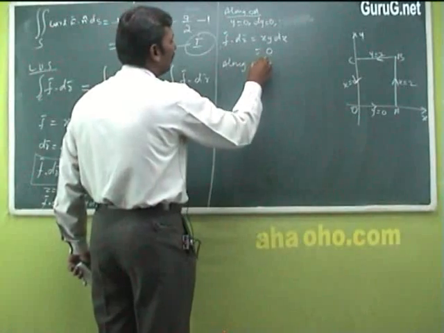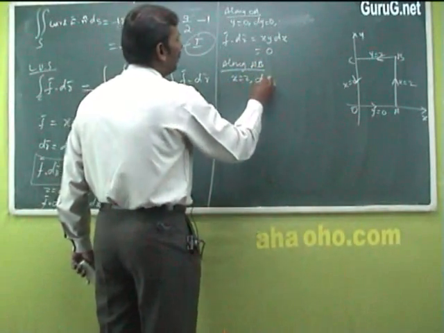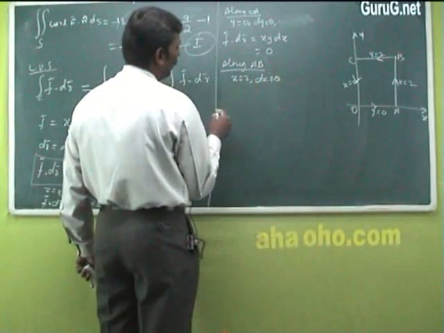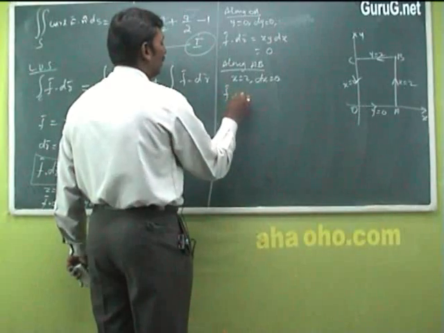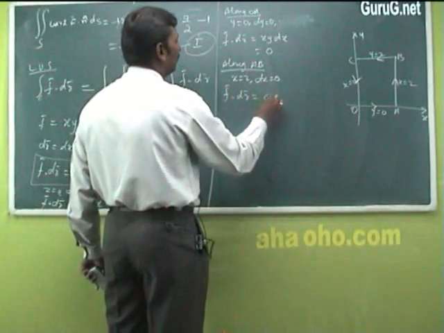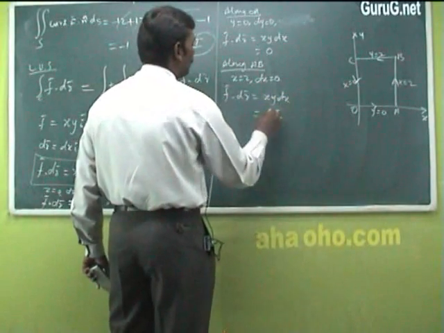So then along AB, the equation of AB is x equal to 2 and dx equal to 0. So therefore obviously f dot dr equal to xy into dx, so this is 0.